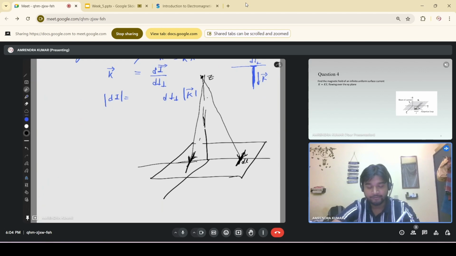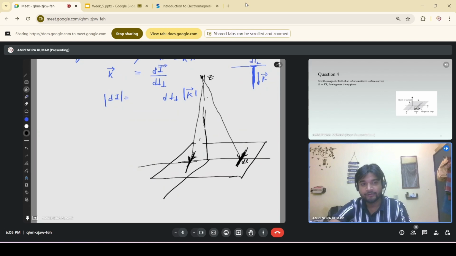So what will happen? The field due to I will be like I dl, I in the same direction, I dl sine theta for the infinite plane. So sine theta will be pi by 2.